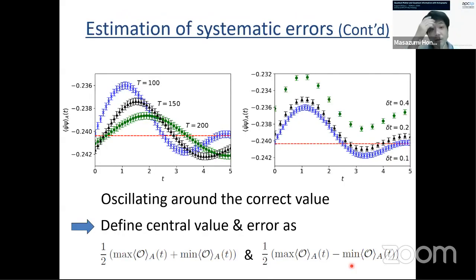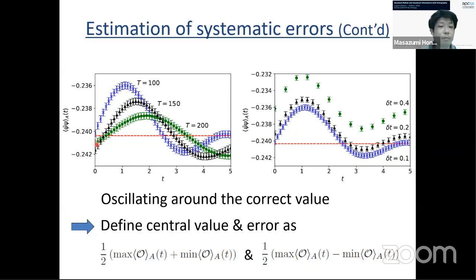And this is a test of the systematic error. On the left-hand side, I'm computing the time dependence of psi bar psi in this sense, as a function of t. And t is the time after we prepare the vacuum. The red horizontal line is the result of exact diagonalization. And the capital T is the final time of the adiabatic preparation.